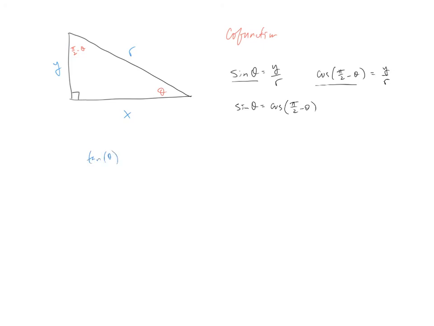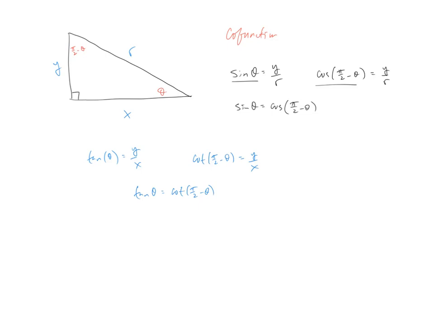Well, we know tangent of theta is going to be the Y over the X, and then cotangent of pi over 2 minus theta, again, now I'm looking right here, and cotangent for this angle right here would be the Y over the X again. So now we can say that tangent of theta equals cotangent of pi over 2 minus theta. Again, another example of a cofunction identity.